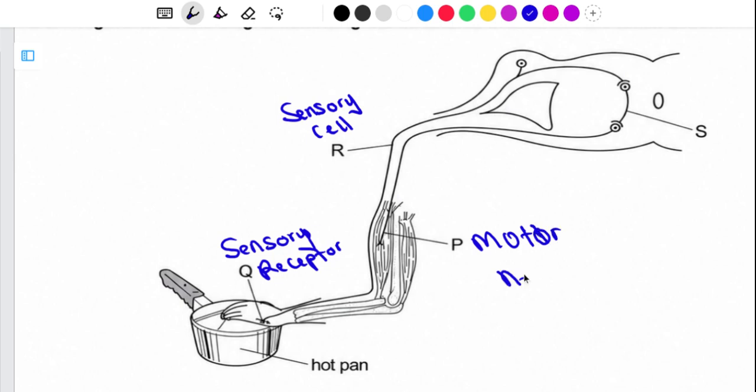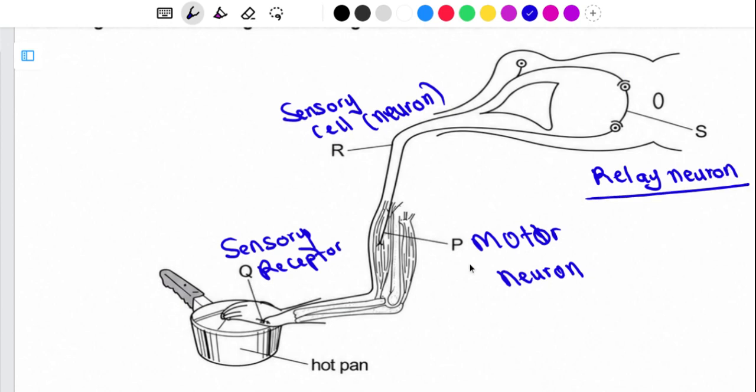Even here you can also say the sensory neuron or the sensory cell. Now we have this structure S, which is connecting the motor neuron as well as the sensory neuron. This one is called the relay neuron, or you can say the relay cell. That is how you're supposed to identify these.